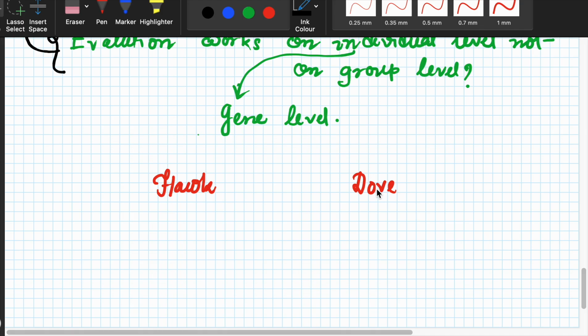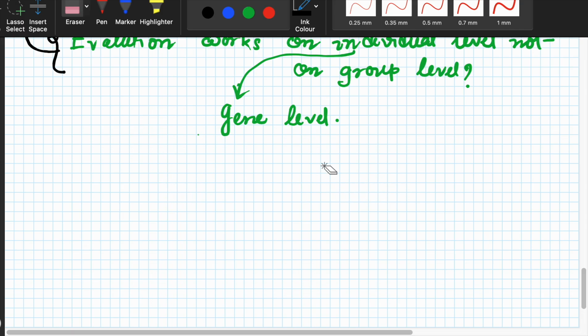So this is the conventional fighting from the perspective of individual selection. Now Maynard Smith says that it is not on the group level, but on the gene level. Suppose there are two strategies.